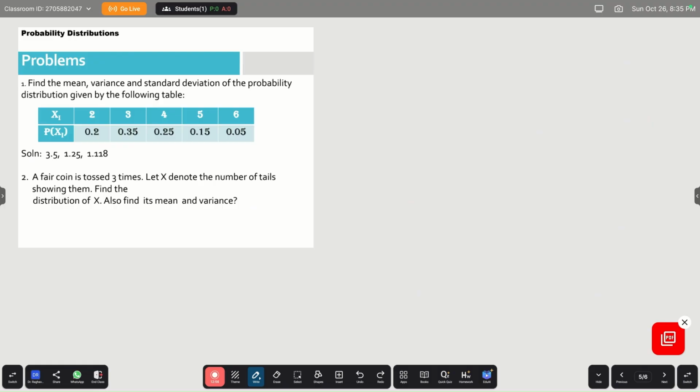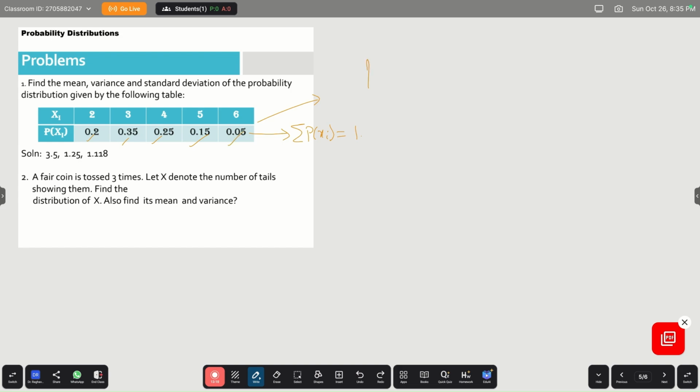For your practice, I have written two problems here. So first thing, you check that the sum of all the probabilities equals 1. So definitely it's 1. 0.2 plus 0.35 is 0.55. 0.55 plus 0.25 is 0.8. If you add 0.95, and finally if you add this, it is 1.